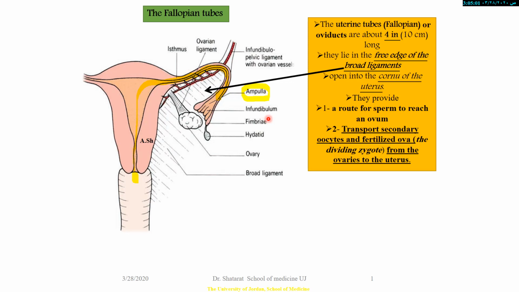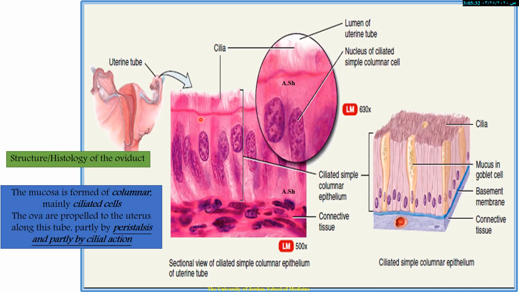You need to know their parts, and you need to focus on the ampullary part of it, and of course to know that the infundibulum is in close relation to the ovaries, and it catches the ovulated egg through its fimbriae. Finger-like projections sweep over the ovary to catch the ovulated egg.